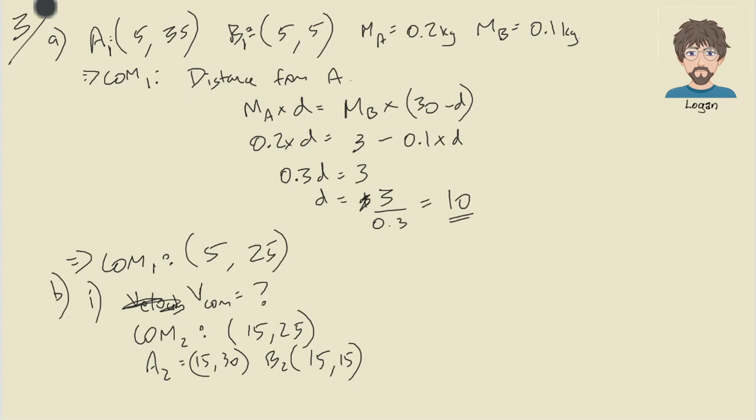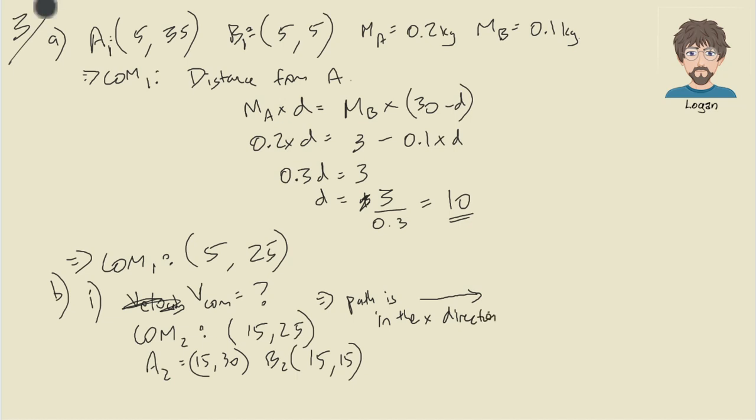Now that means that if we look at these 2 points, it's tracked from 5, 25 to 15, 25 as it moves from time instant 1 to time instant 2. So the path is horizontal. It's completely in the X direction. Okay.